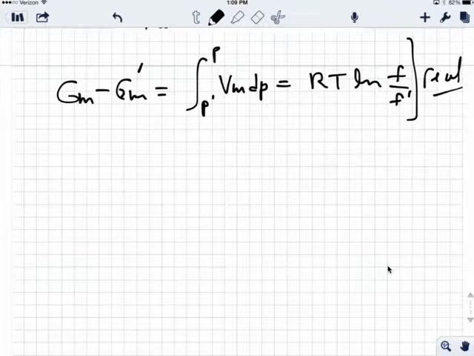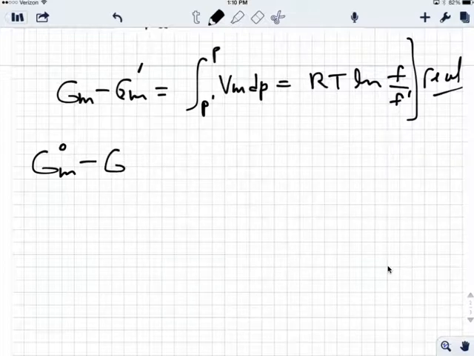And then we could also write, and I'm going to use a superscript circle to represent an ideal system, the same idea here for an ideal gas.